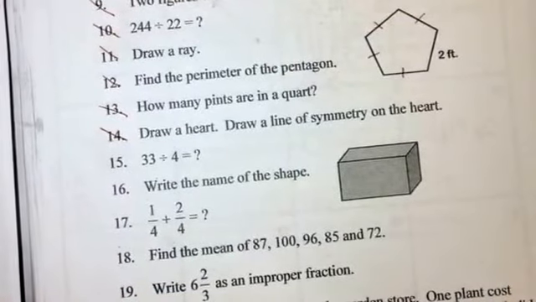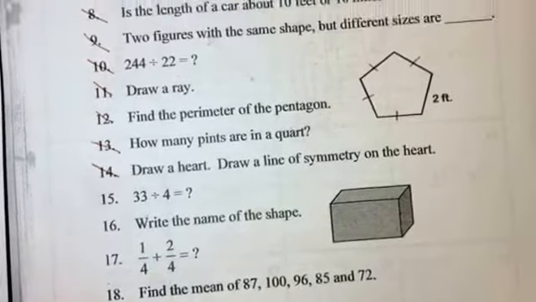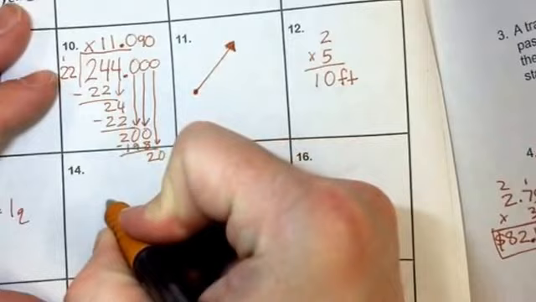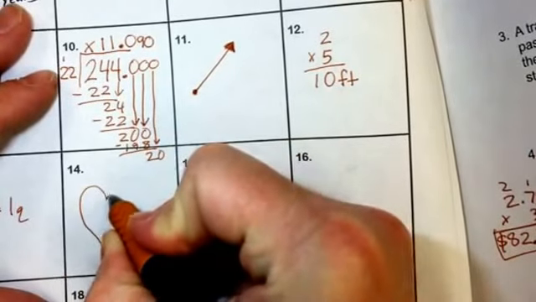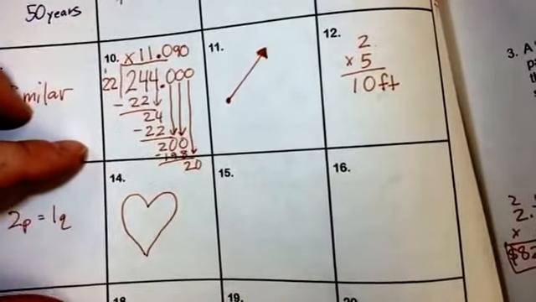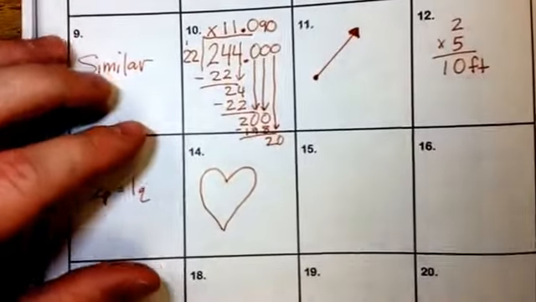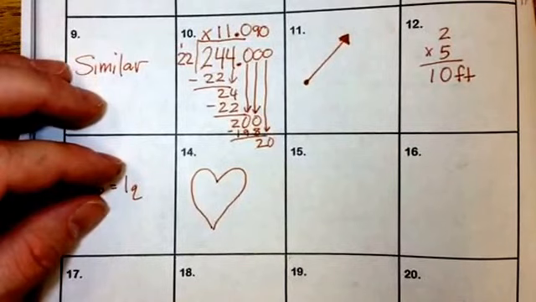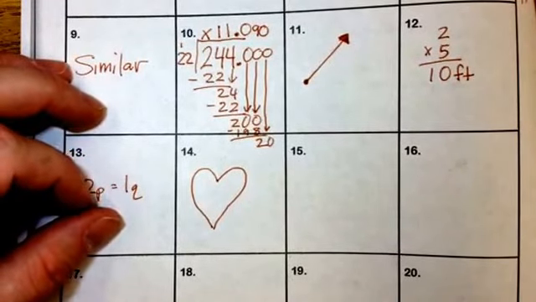We need to draw a heart and then draw a line of symmetry on the heart. Lines of symmetry are lines that you can draw that split the shape so that both sides, once it is split, are equivalent or congruent.